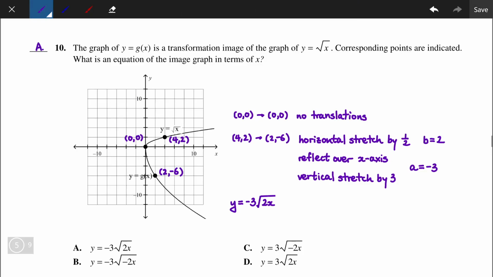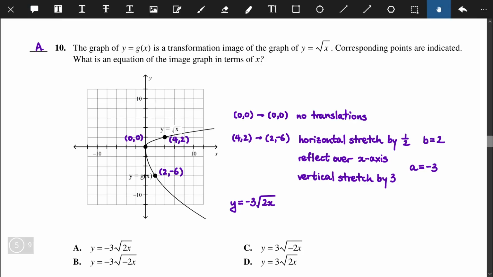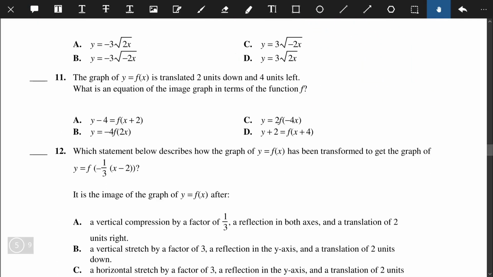Okay, moving on to number 11. The graph of f of x is translated 2 units down and 4 units left.